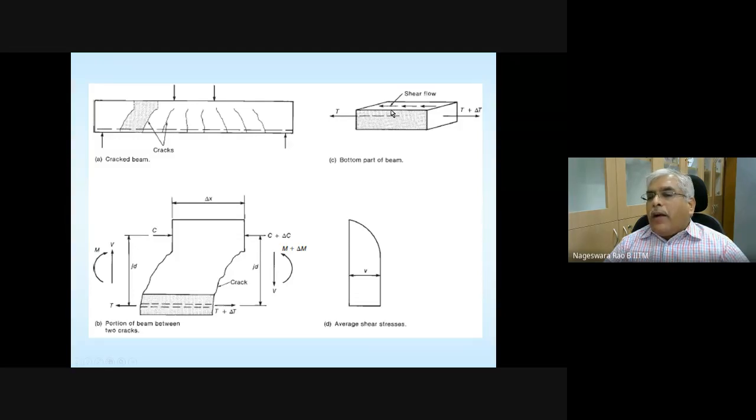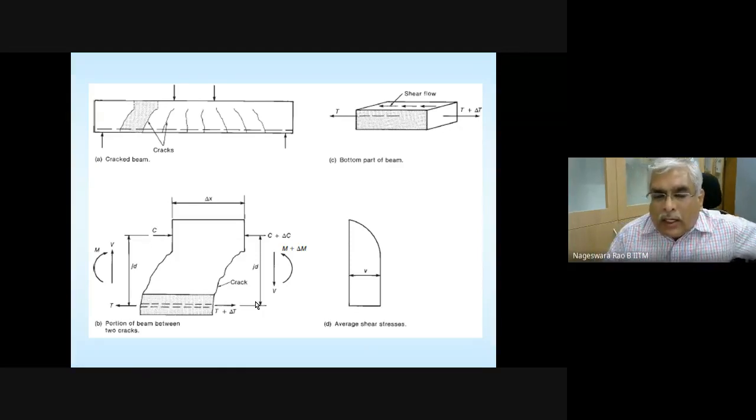On the top, you have shear stress. This hatched portion is the element, magnified, and all the forces acting on that element are shown. Please take a note of this element.